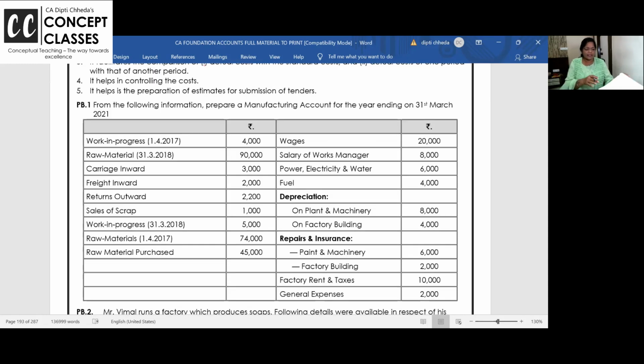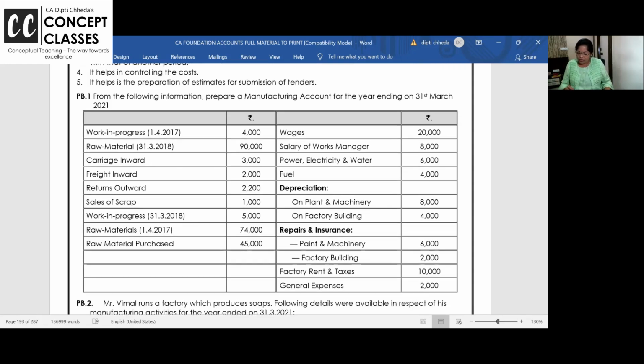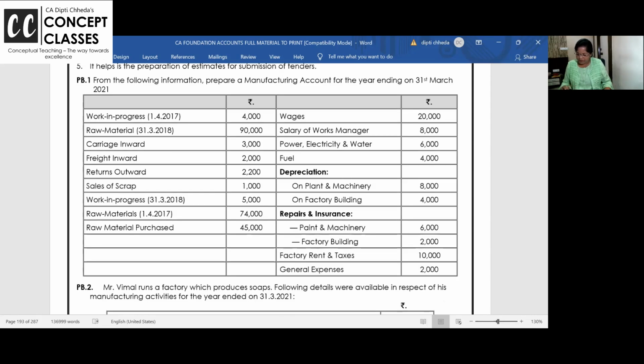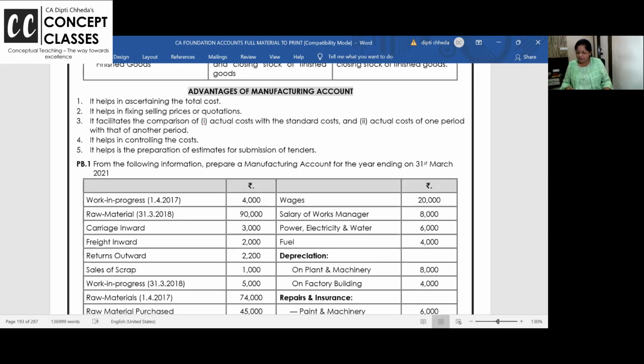Okay? Right. So with this, let us start preparing the manufacturing account. If they ask for a manufacturing account, just prepare the manufacturing account. If not, then prepare the manufacturing account along with the trading account. Let us see. From the following information, prepare a manufacturing account. There is work in progress, raw material, depreciation, repairs, all the details they have given. Did you get one thing?